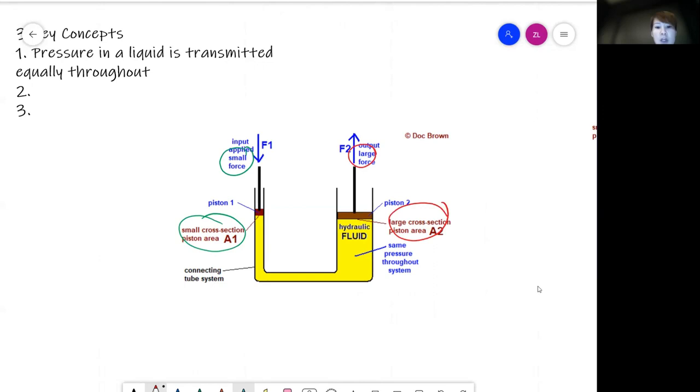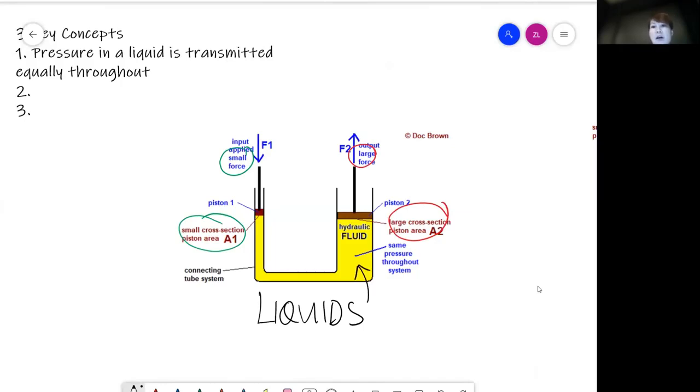Okay, if you take a closer look at this hydraulic system, you realize that the hydraulic fluid could be in the form of oil. It could be various types of fluids. But most importantly, the key is you can only use liquids to fill up the system. Now, why is this so?